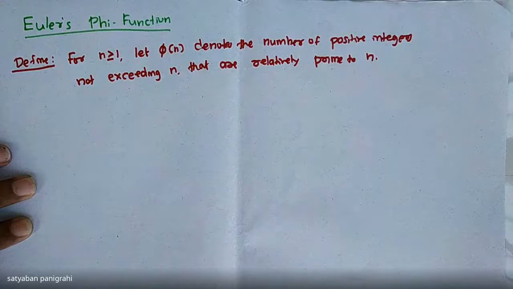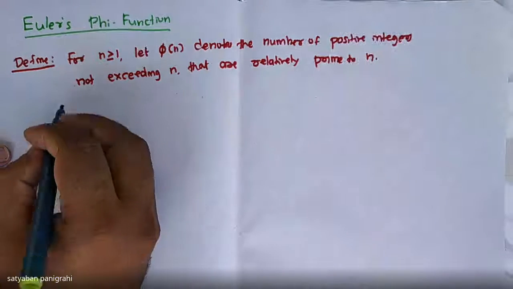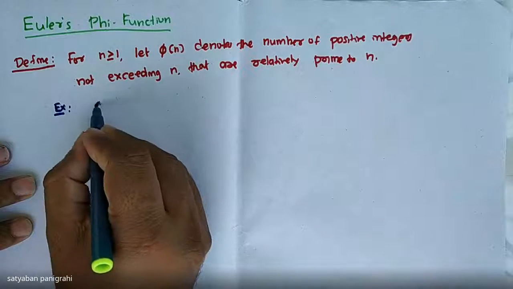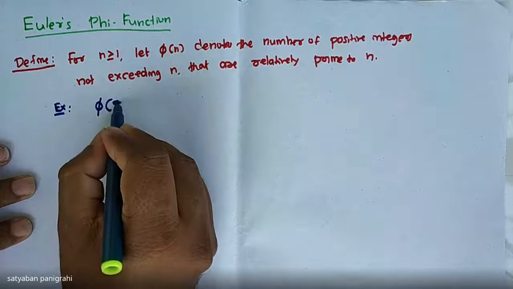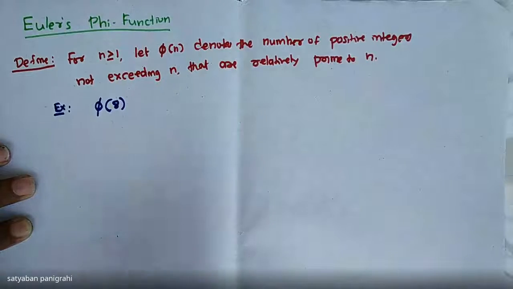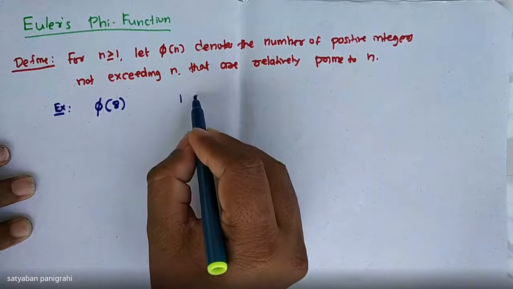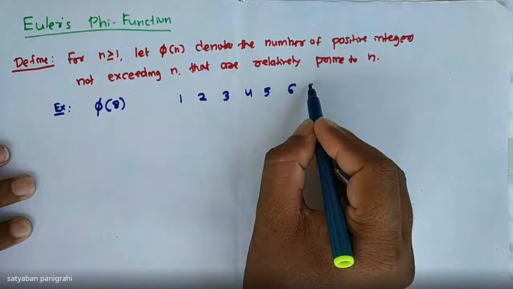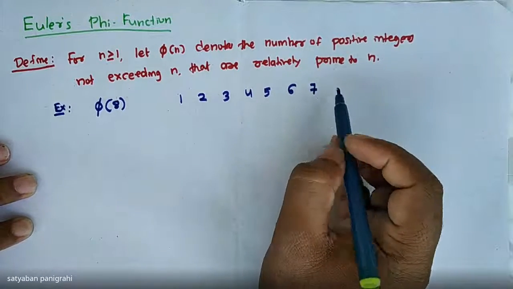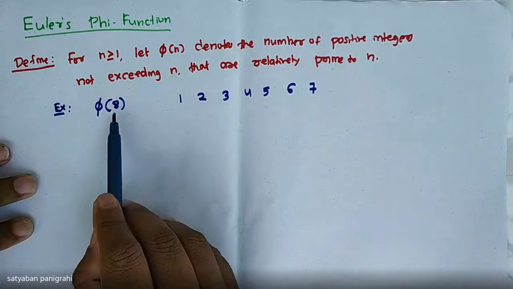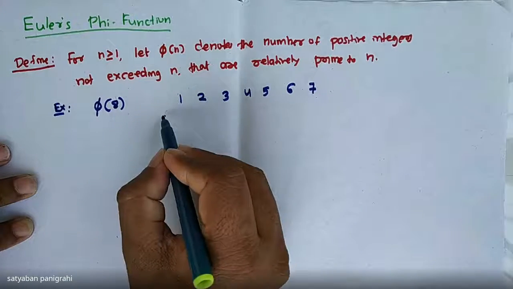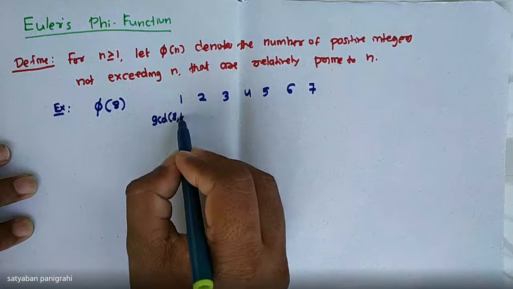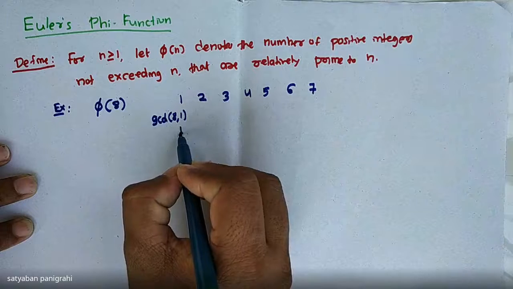Okay. So, for example, if we want to compute phi of 8, then you can see 1, 2, 3, 4, 5, 6, and 7. These are the numbers which are less than 8. Now, you can see that GCD of 8 with 1 gives 1.